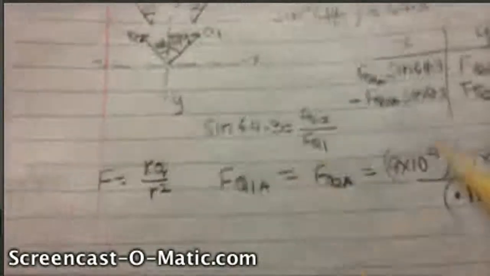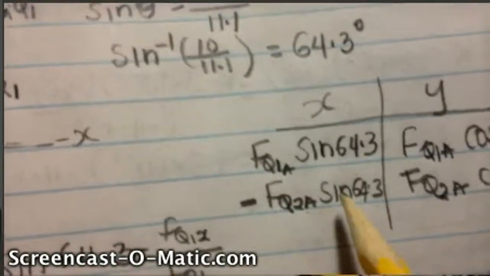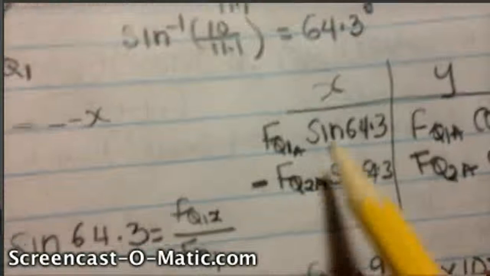That's just for F of Q1 on A. For the x components, since F of Q1 on A equals F of Q2 on A, this adds up to 0.